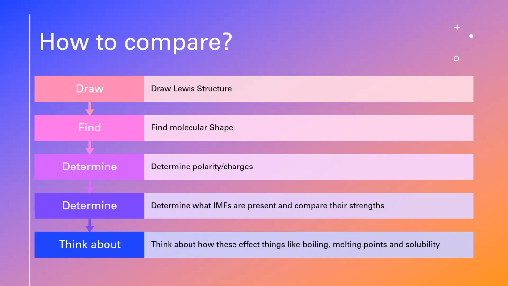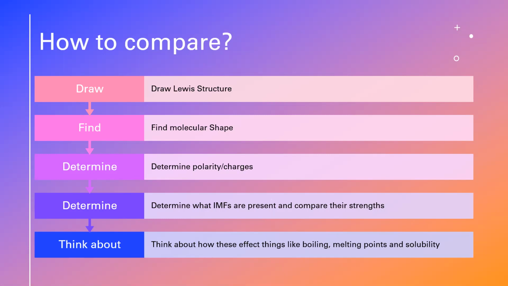And also, not only should you know which one's stronger, but you should know what each one looks like. Polar, non-polar, cation, anion. Because if we don't even know how to see which ones are there, then I don't really know how we're going to compare them, right?